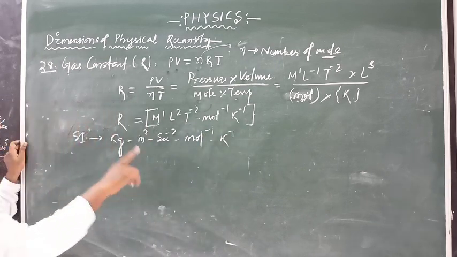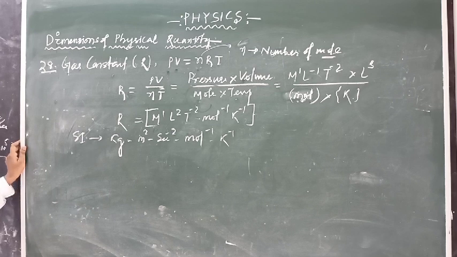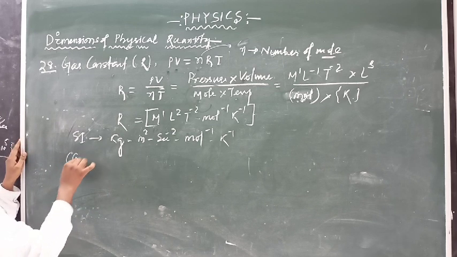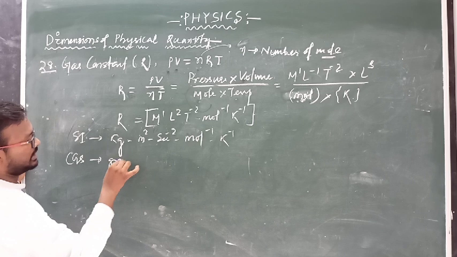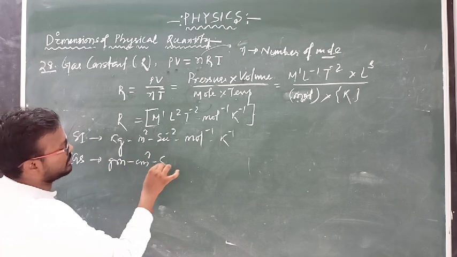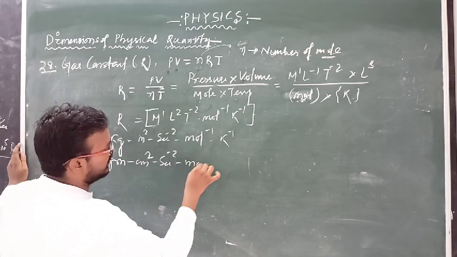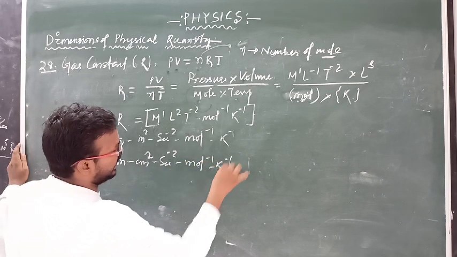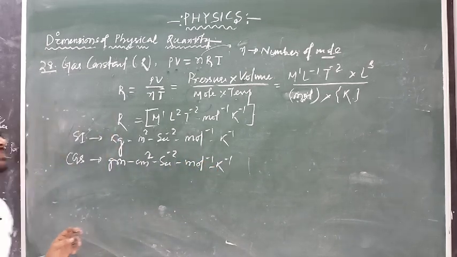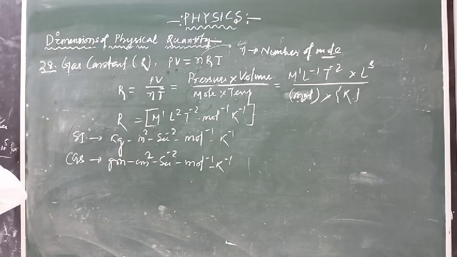Clear? This is the SI unit of gas constant. If you want to write the CGS unit, then gram, centimeter square, second minus 2, mole inverse and Kelvin inverse. Clear? So this is the dimensional formula of gas constant.